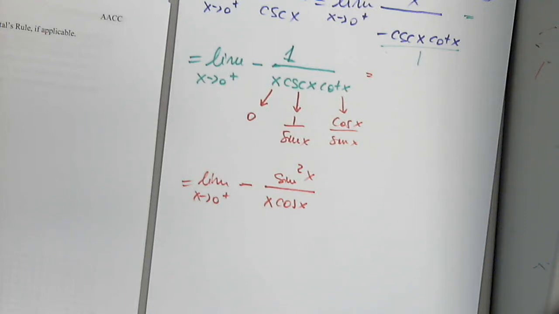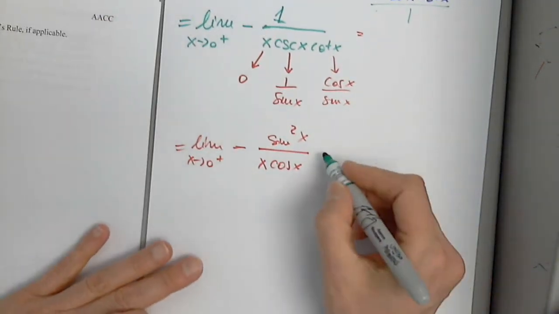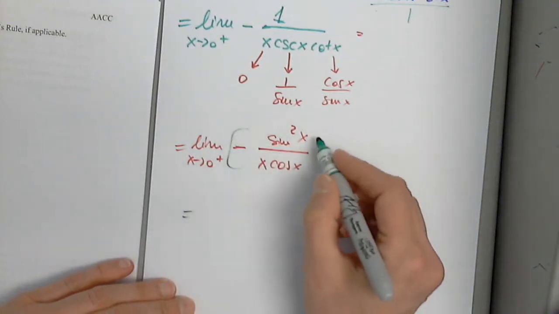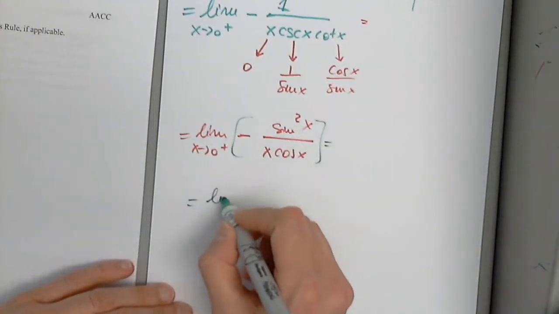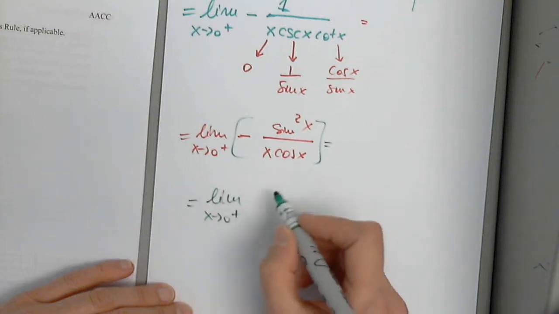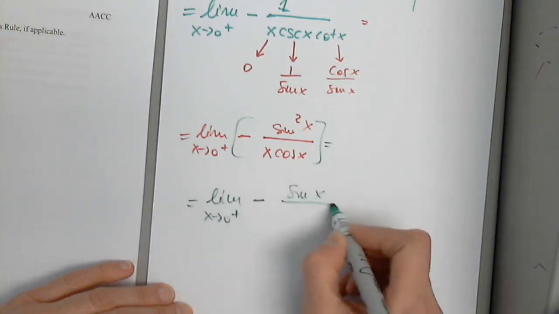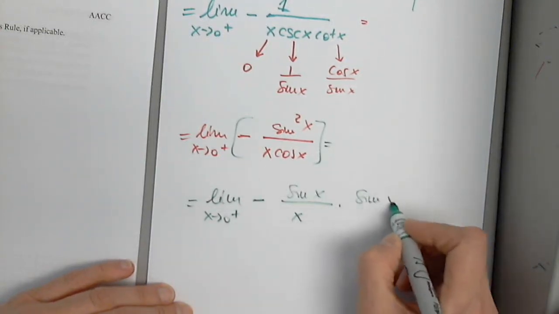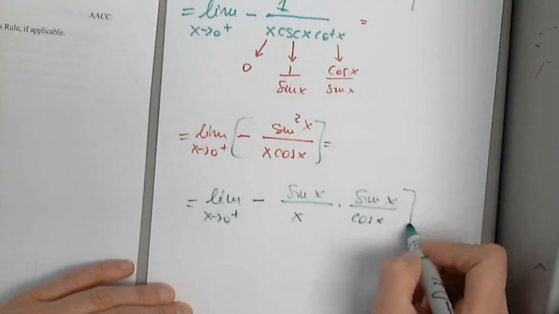Always go back to basics. Okay, so now, if you remember, limit as x approaches 0 from the right, negative sine x over x times sine x over cosine x.